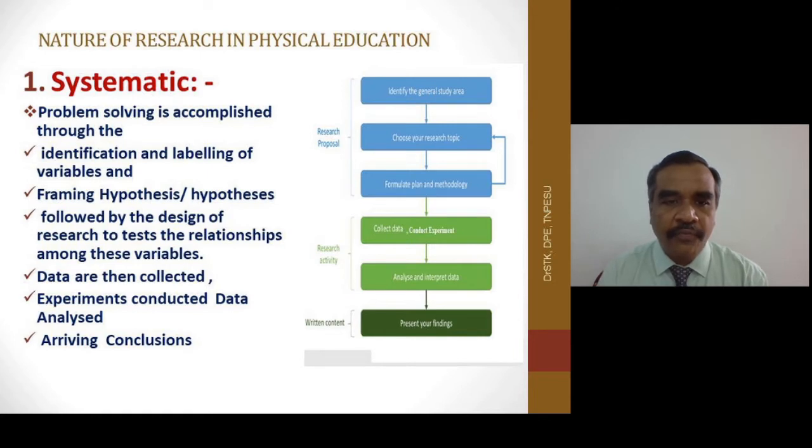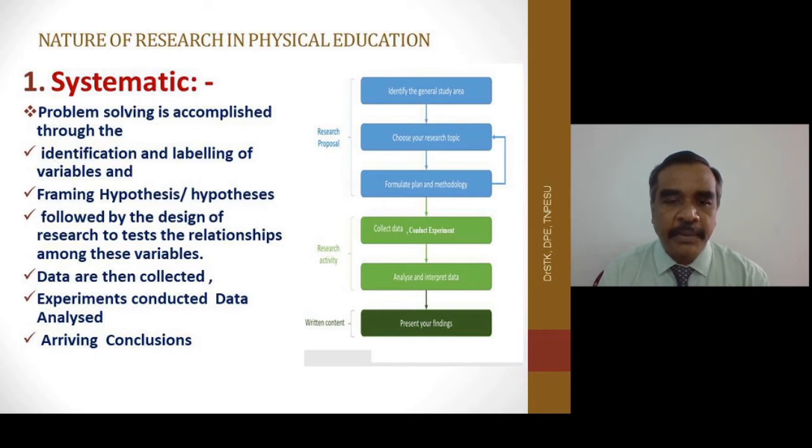After that, you have to frame the tentative answer, the hypothesis for your research question. Then it will be followed by the research design and the testing procedures. Then finding the relationship between the independent and dependent variables. Then the data are collected, which is called the pre-test.